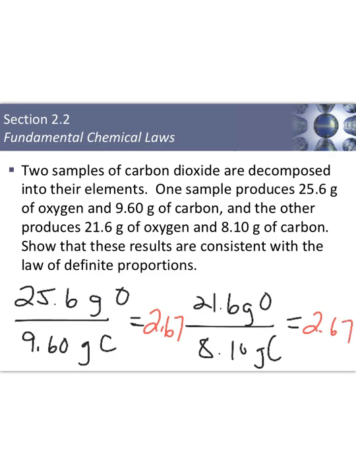This is the same ratio by mass, so this verifies our law of definite proportions. And remember, if you take the masses of each of the elements, convert those to moles, and do a mole ratio, that gives you the chemical formula. Each of these would give you CO2 as your empirical formula.